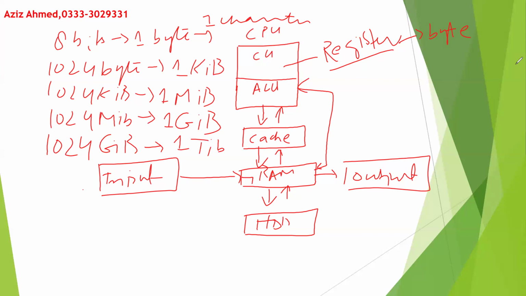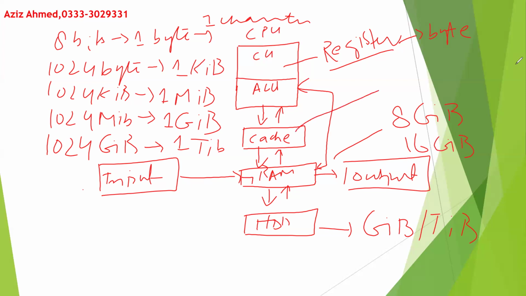Now remember, a hard disk comes in gigabytes or maybe terabytes. RAM storage is normally 8 gigabytes or maybe 16 gigabytes. Cache storage is 8 megabytes or maybe 16 megabytes.